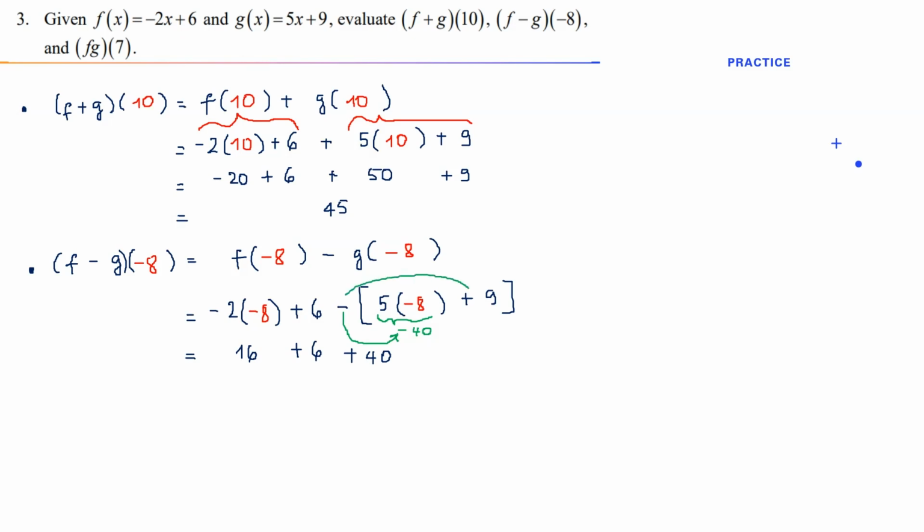That will be -9. 16 plus 6 is 22, plus 40 is 62, and then subtract 9. That will be 53.